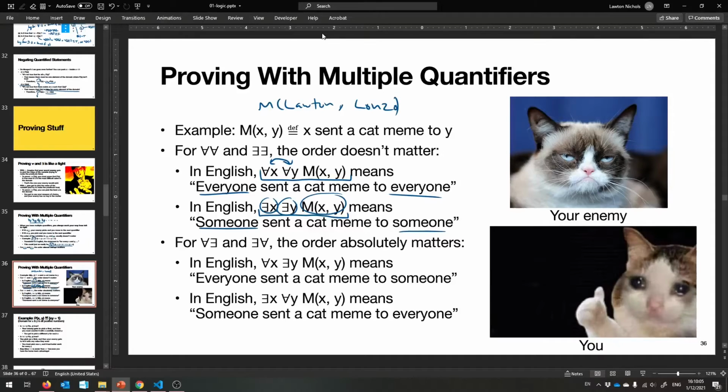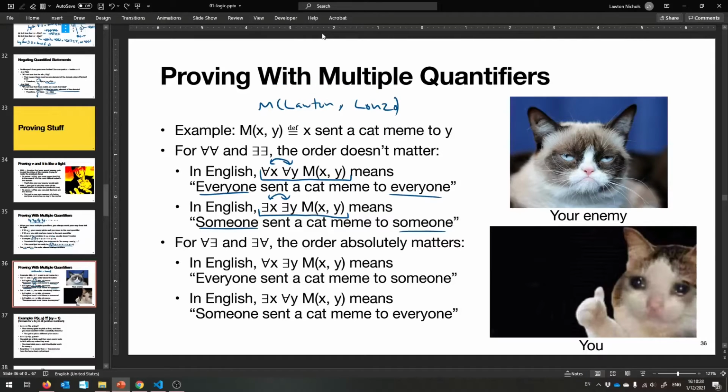Someone sent a cat meme to someone. At least one person sent a cat meme to one other person. And again, you can swap these, because we know that Lawton sent a cat meme to Lonzo, we'll just pick Lonzo first instead of Lawton, because we'll pick the receiver before the sender now. Not a big deal.